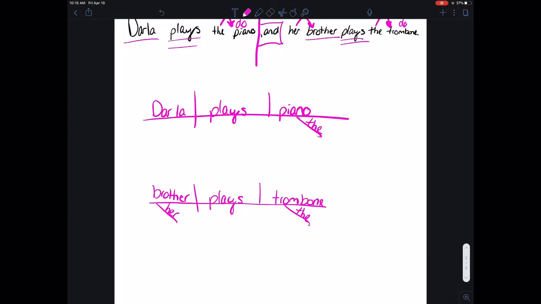All right, so the only thing we haven't diagrammed is our coordinating conjunction. What you're going to do is build a staircase. At least that's what I call it. So a dotted line down, horizontal line, another dotted line down. And that is where your coordinating conjunction goes. Now, if this sentence had been joined together with a semicolon instead of the coordinating conjunction, you have two options. You can either leave this part blank or you could put an X to represent that semicolon.